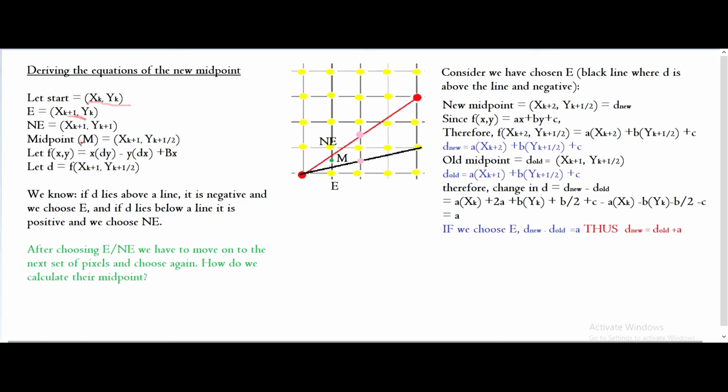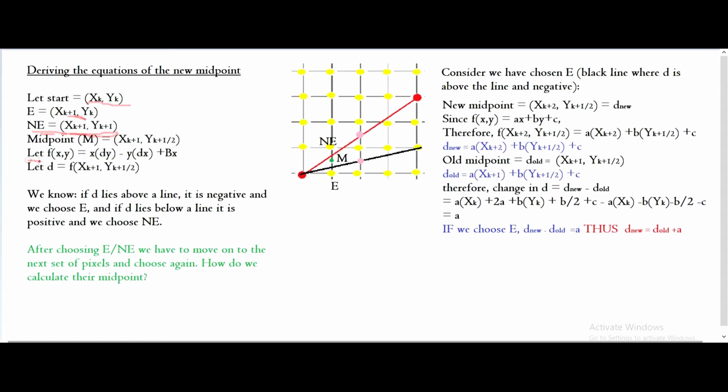So xk will increase by 1 and yk will also increase by 1. So that is the coordinate of our point NE. And between E and NE, we have a midpoint, which is basically (xk + 1, yk + 1/2). You can understand here, because we've only moved half a unit upwards. Okay then, so we've understood E, NE, M, and our starting point.